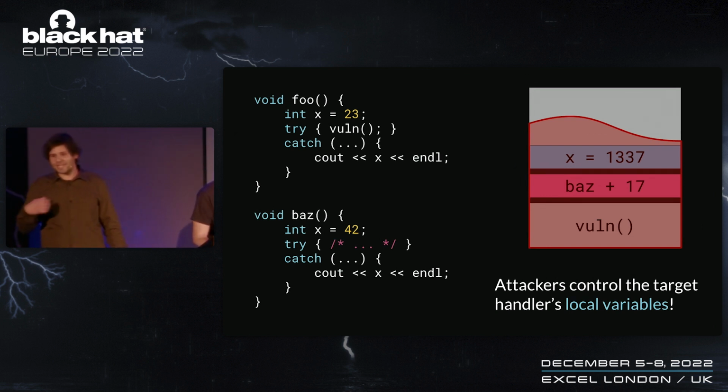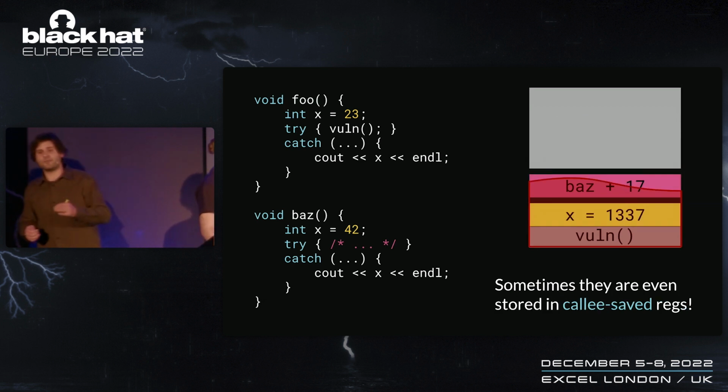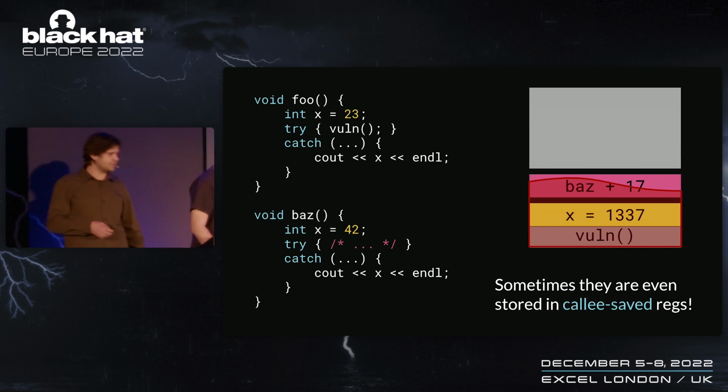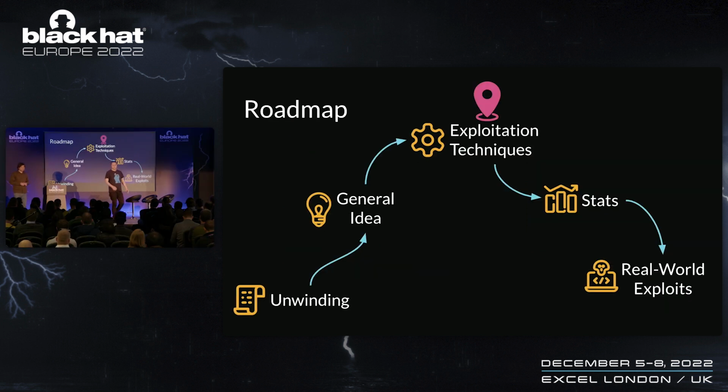When the unwinder kicks in, it knows that some of these registers are on the callee frame, and it's going to unwind these registers as well. So you might essentially have enough control just by overflowing the callee frame and reaching the return in order to take over the unwinder. So with that, we saw that by overflowing this return pointer, we can redirect to a different exception handler, and we can control the local variables of that specific exception handler.